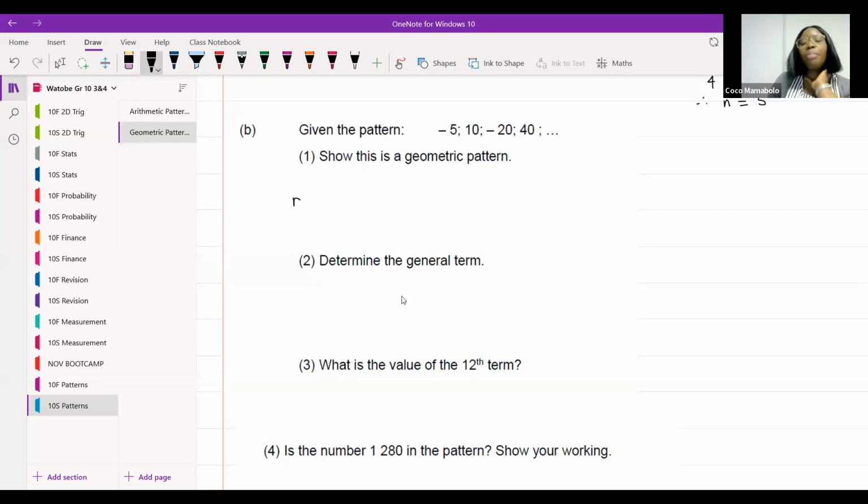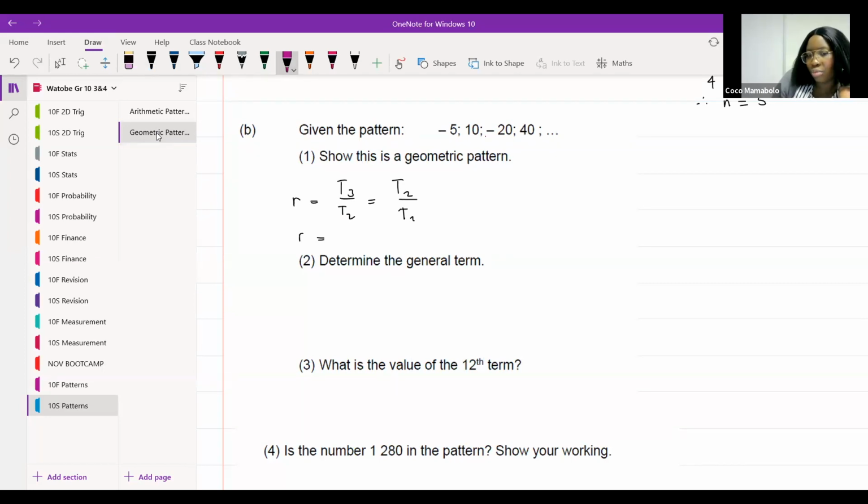Okay, can you help me find the common ratio, please? Remember the formula for common ratio? T3 over T2 is equal to T2 over T1. Let's substitute. Common ratio is equal to? -2.